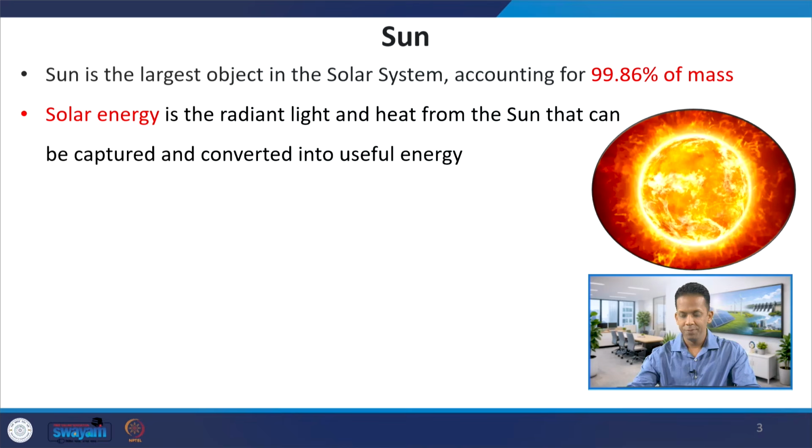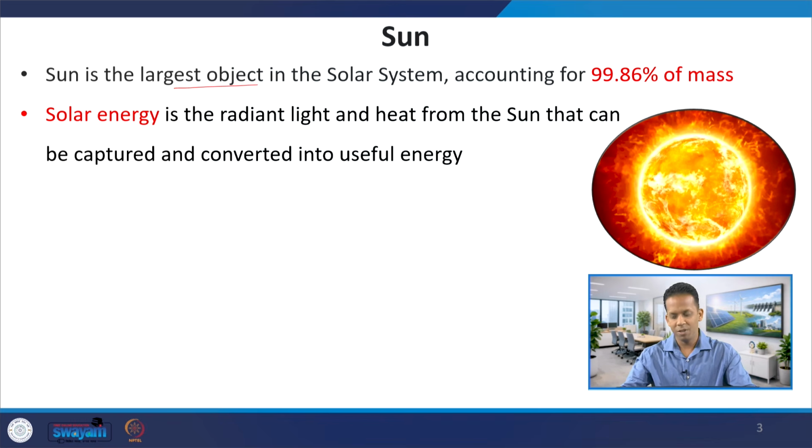The sun is the largest object in our solar system, and our solar system consists of the sun and, I think, 8 or 9 planets. I think Pluto is not considered a planet. So right now we have 8 planets moving around the sun in elliptical orbits, and then there are so many asteroids and comets which make up the entire solar system.